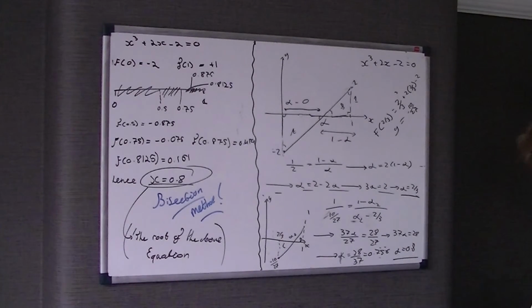Really, I could read out this other little sheet that I've got, but it's just a case of using similar shapes, comparing the heights. The height of one triangle over the height of the other equals the length of one over the length of the other. Simplify it down to get a value for alpha, and put it into the equation, because that value for alpha is the approximation for the x-intercept.